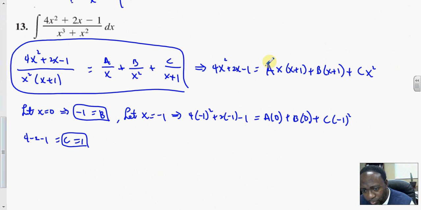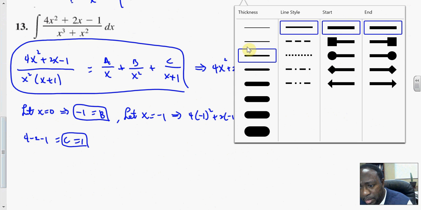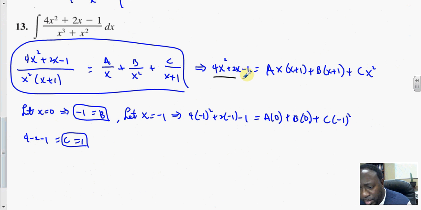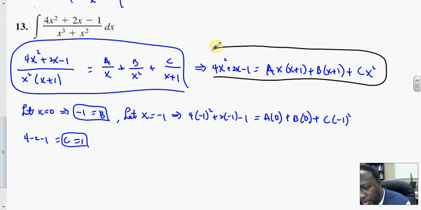So what we do is we look at this equation here, and the statement is that if this equation is true, then the corresponding parts from the left side to the right side are equal. So with an equation, the corresponding parts are equal.